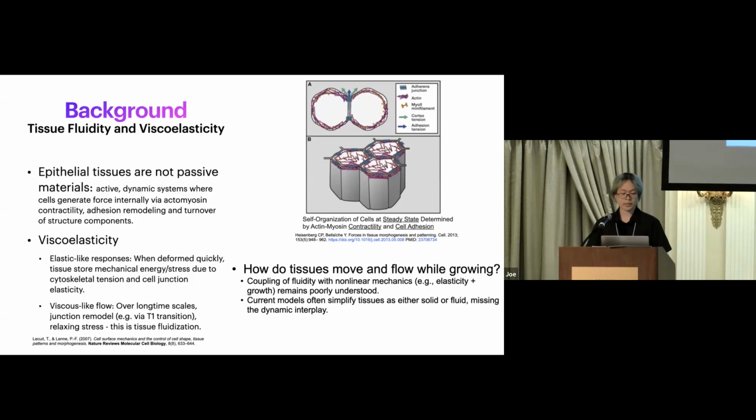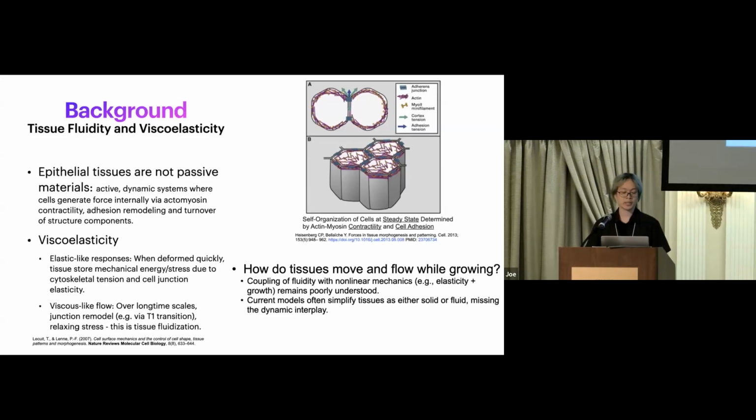And these tissues exhibit viscoelastic behaviors. The elastic-like response is when the tissue deforms quickly and the tissue stores mechanical energy, or stress, due to cytoskeleton tension and cell junction elasticity. And for the viscous-like flow, it's over a long time scale.